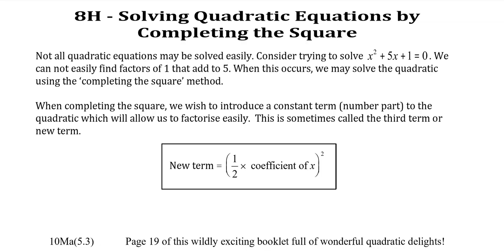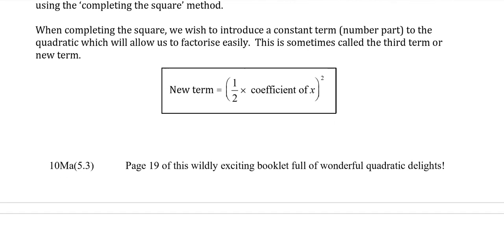So completing the square method is one way of getting solutions or factorizing things when the solutions aren't nice whole numbers. So one thing we always had to do to complete the square was find the missing term or the third term in the quadratic that would make a perfect square. To do that, we simply halve the coefficient of the x and then square that.